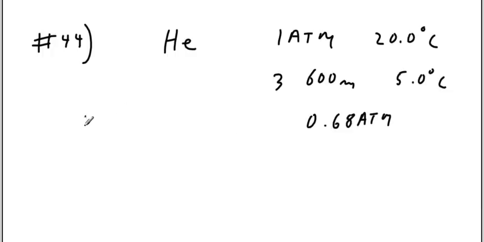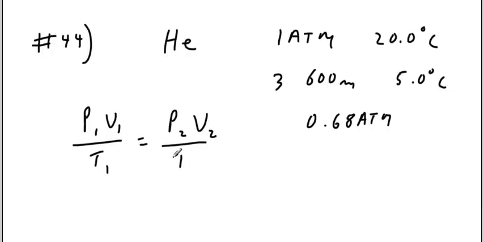So we're going to use P1 V1 divided by T1 is equal to P2 V2 divided by T2. And the first thing we'll recognize is that I have to have my temperatures in Kelvin. So that's 293 degrees Kelvin, and this is 278 degrees Kelvin.